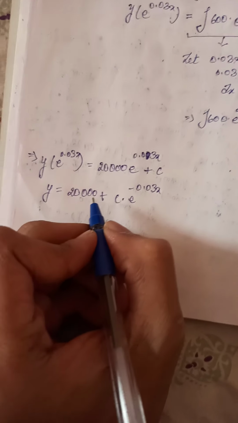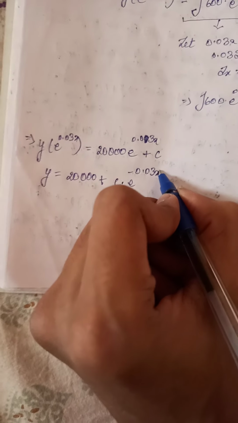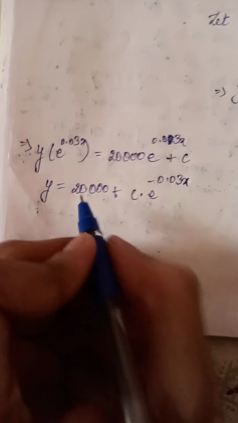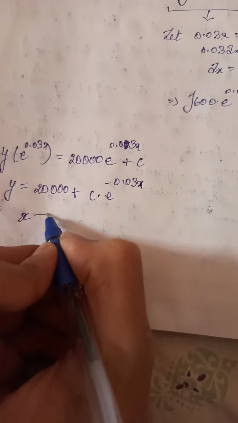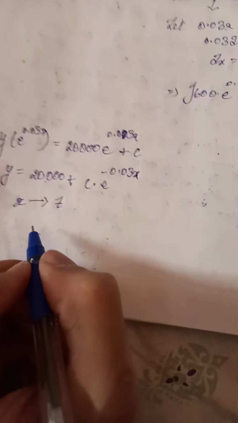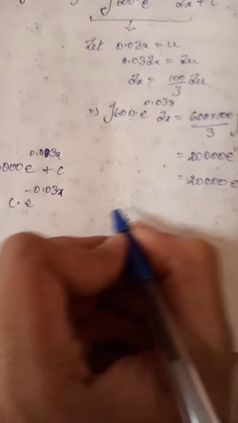Now x is just a variable because we want to find the time, so let's consider x as t, which will be convenient for us while we are calculating further.